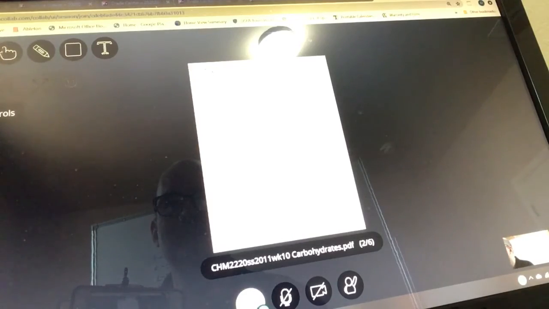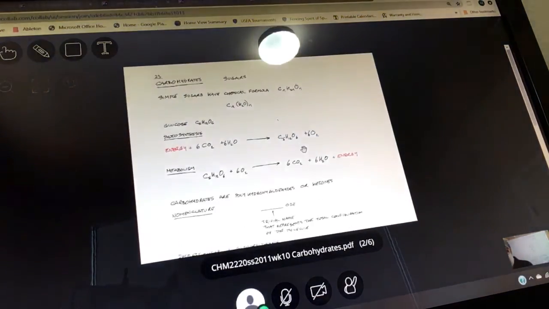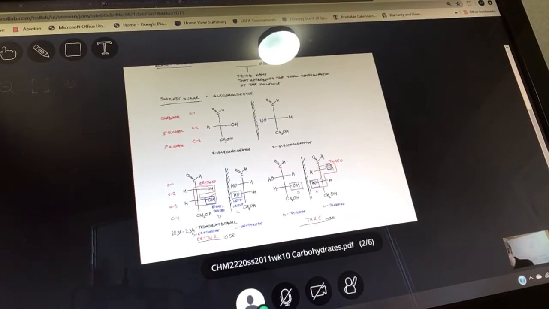So this first page runs through how sugars get made. And then there is a little scheme at the bottom that talks about D's and L's, right-handed sugars and left-handed sugars.